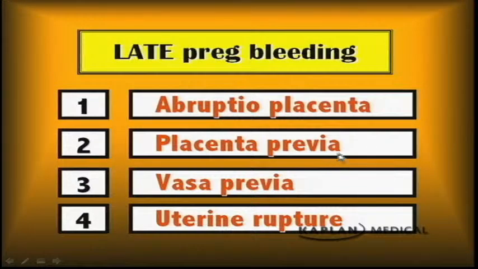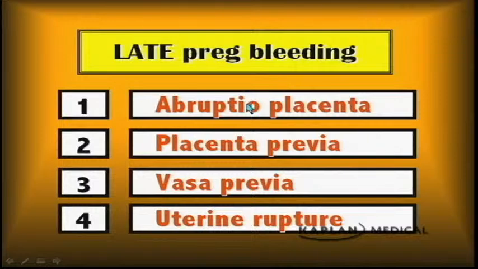That means that there will be about 40,000 abruptions. That's a fair number. Placenta previa is in about 0.5% of pregnancies at term. So abruptio placenta is 1%. Placenta previa is about 0.5%. Vasa previa and uterine rupture are rare causes.